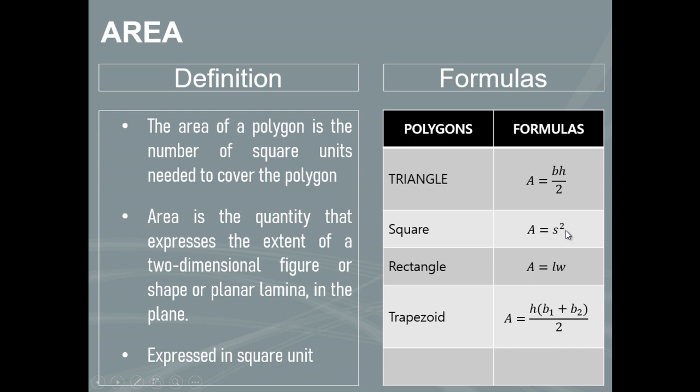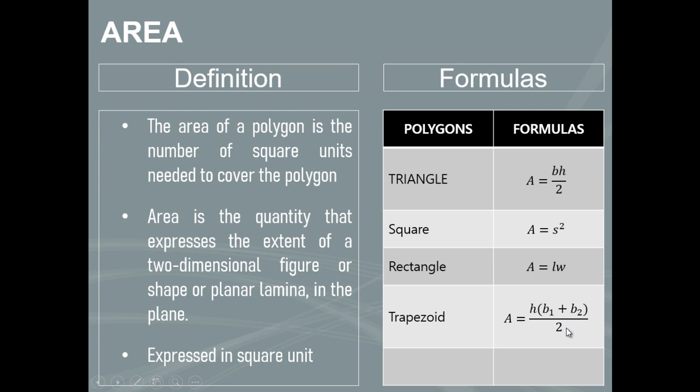That means the measurement of each side of the square is raised to the power of 2, meaning you're going to multiply it by itself. And then, for the rectangle, the area is equal to the length times width. And for the trapezoid, we have A equals height times the sum of base 1 and base 2 all together divided by 2.